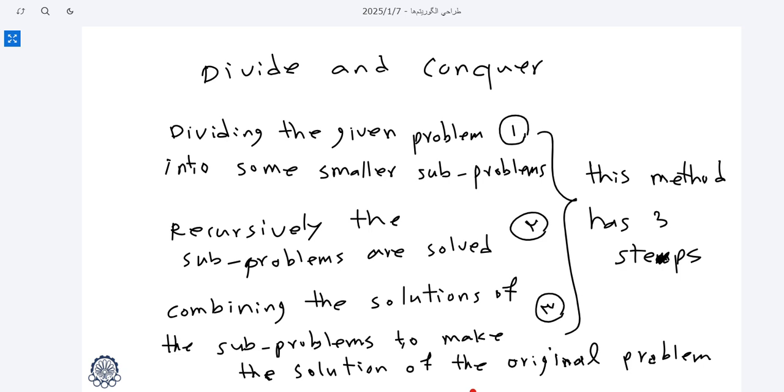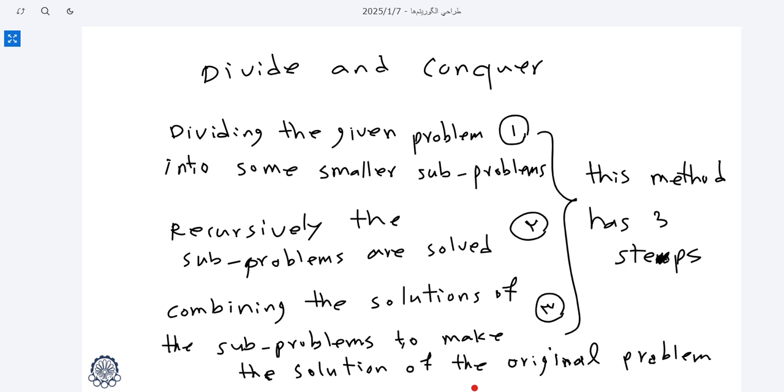If you are going to design the algorithm by divide and conquer approach, then our algorithm will have 3 steps. In the first step, the algorithm is given the input problem and divides it into some smaller subproblems.